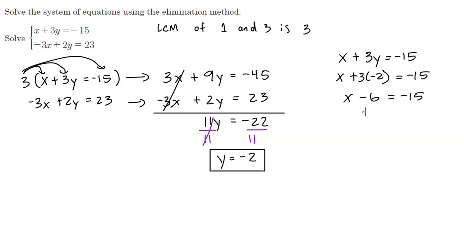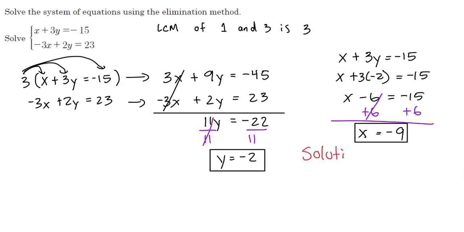Then add 6 to both sides, and x is equal to negative 9. So the solution to the system as an ordered pair would be negative 9, negative 2.